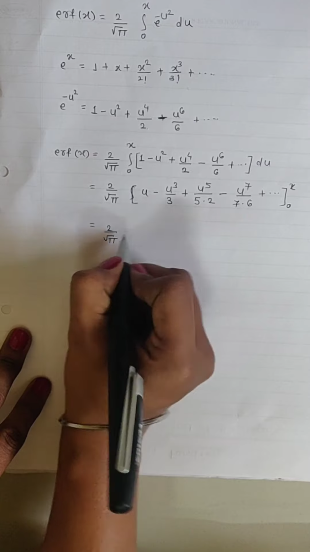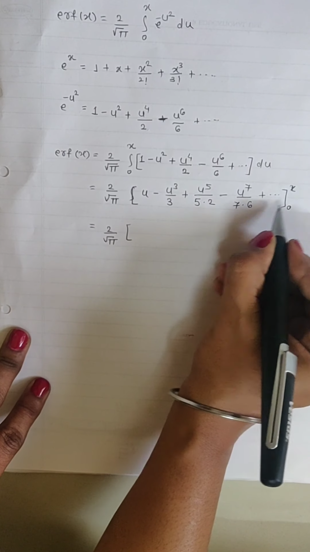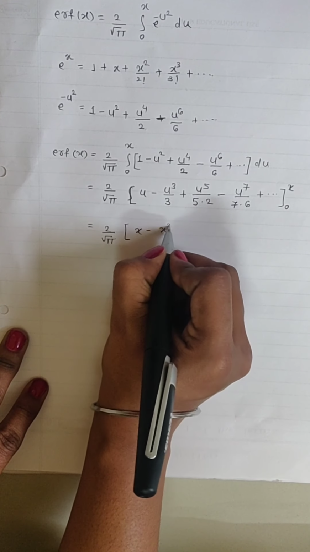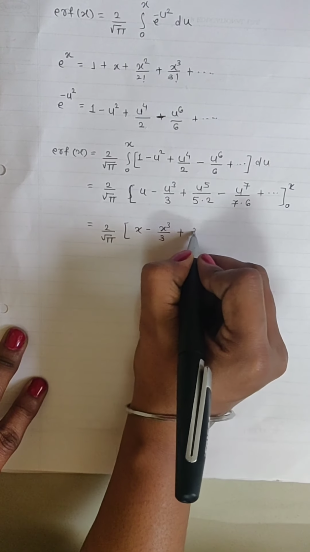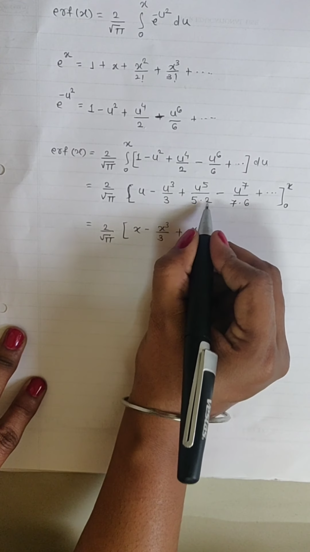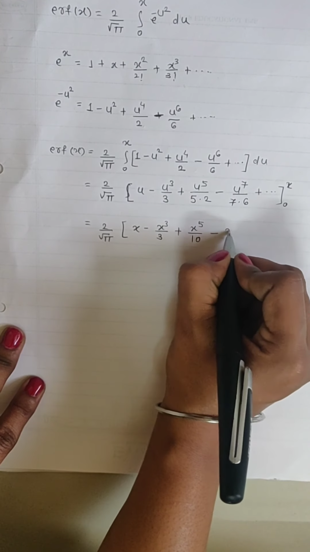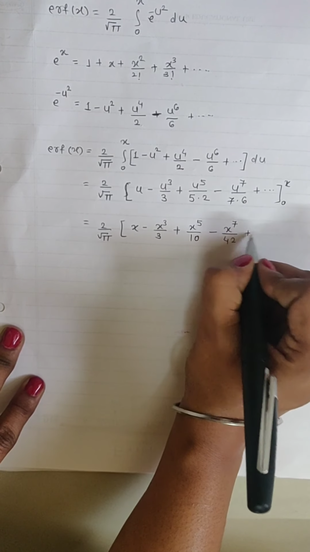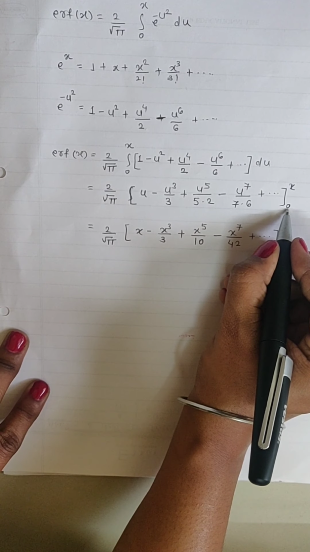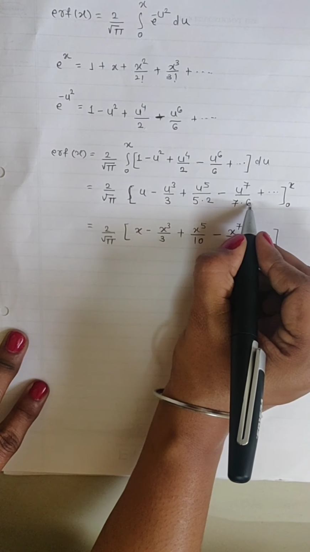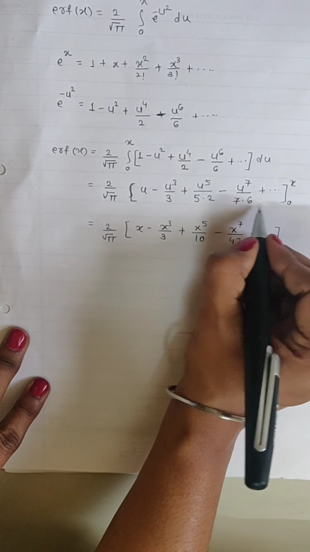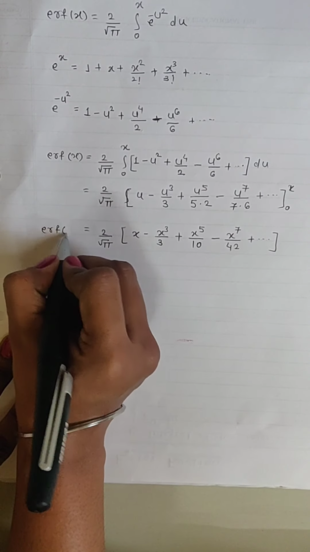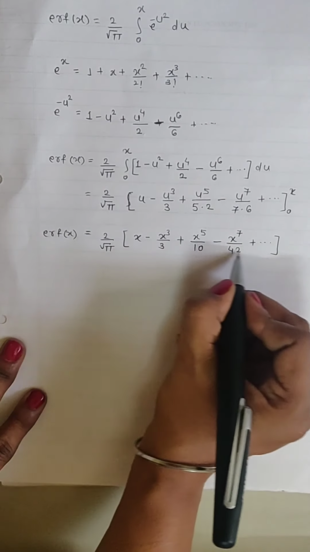If we put the upper limit, that is u equals x, we obtain x minus x cube upon 3 plus x raised to 5 upon 10 minus x raised to 7 upon 42 and onwards. If we put the lower limit, the whole term contains u, so if u is 0, the whole term is 0. So we obtain the error function of x in terms of x.